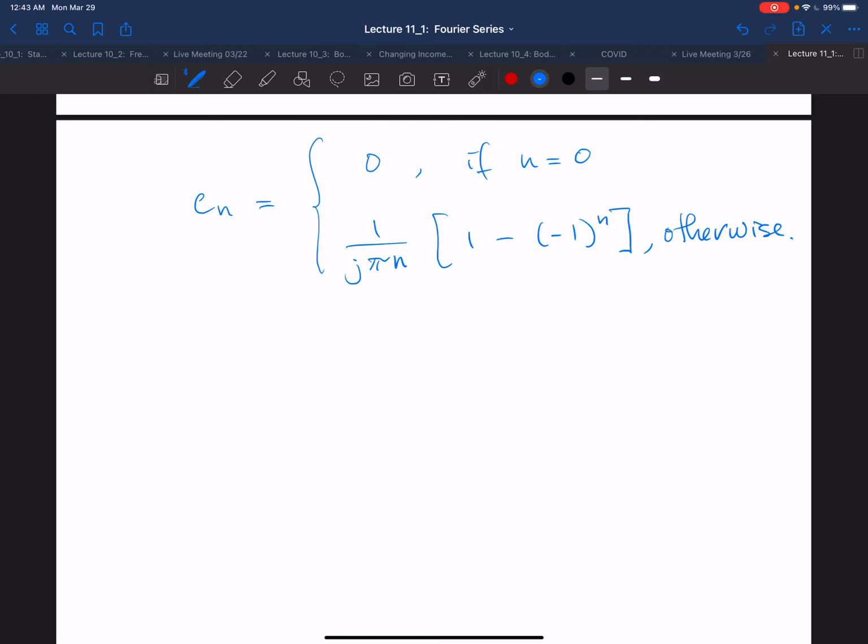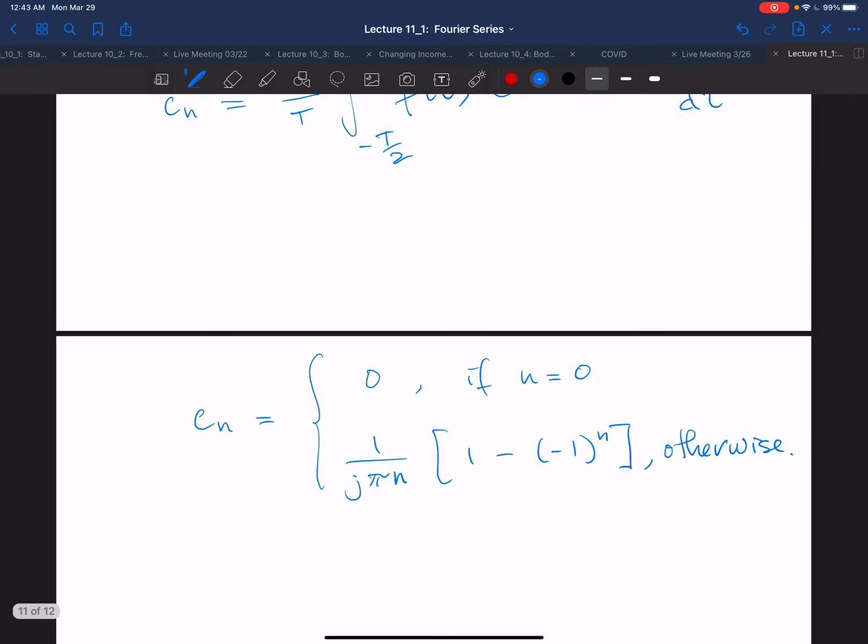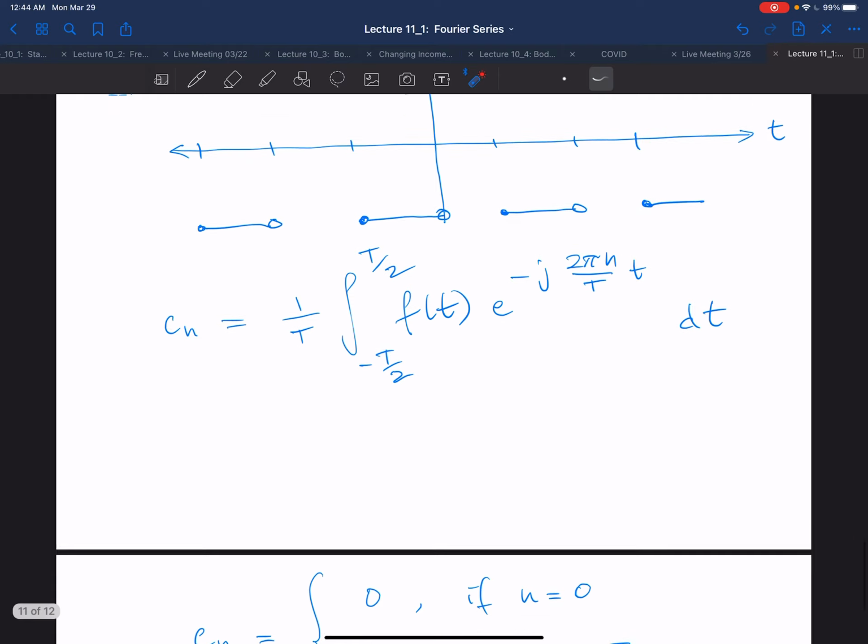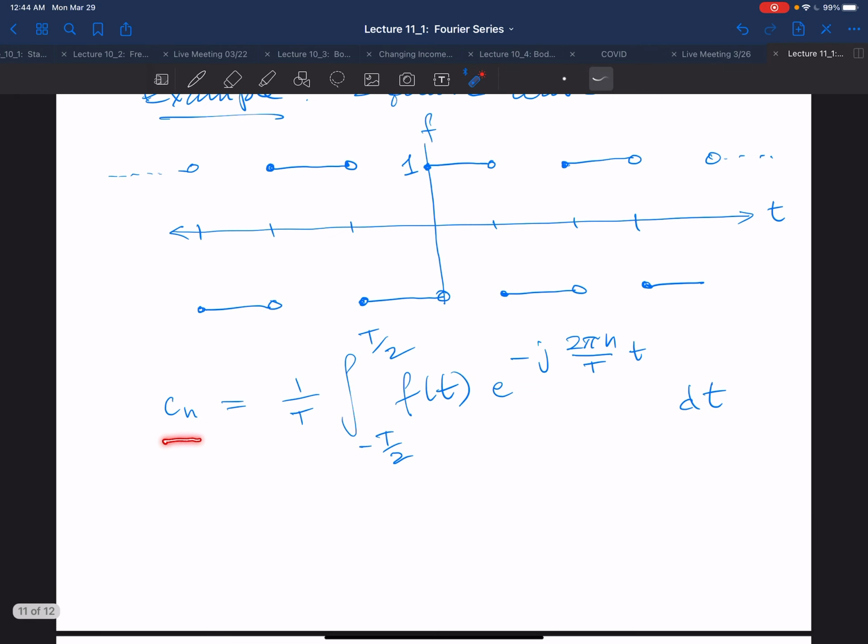So first of all, the first part of this should make some intuitive sense or some physical sense. C sub n equals 0 if n equals 0. Well, what does C sub 0 represent? If n equals 0, then this complex exponential is just equal to 1. In that case, what we're doing when we compute C sub 0 is simply to integrate f of t over one period and then divide by the length of that period.